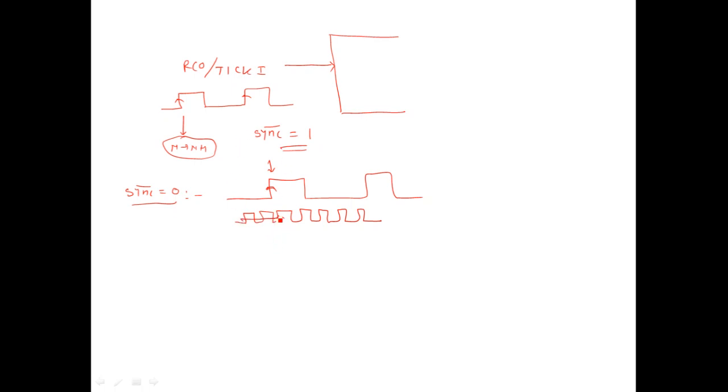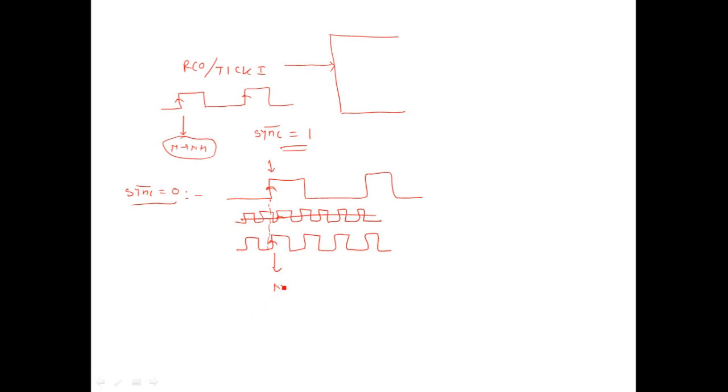So if the clock is like this, then even though the edge has occurred here, the action will not be taken immediately, but it will be taken at the next rising edge of the clock. So action will be taken here.